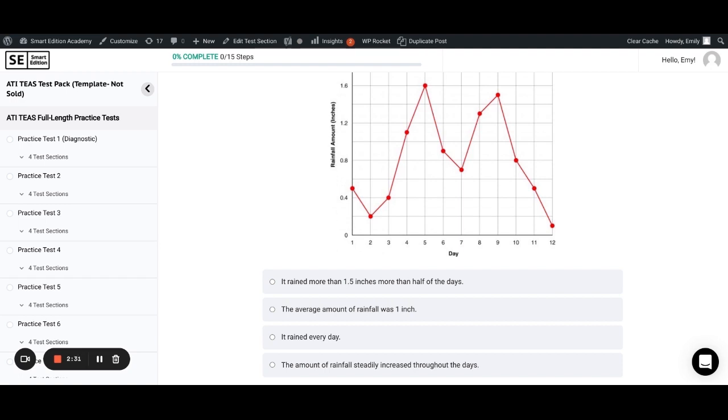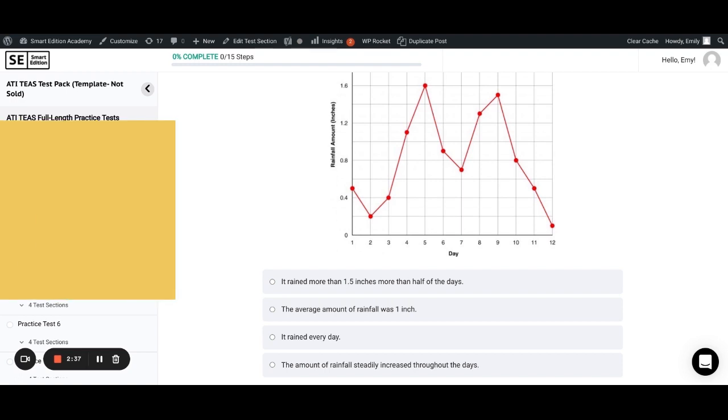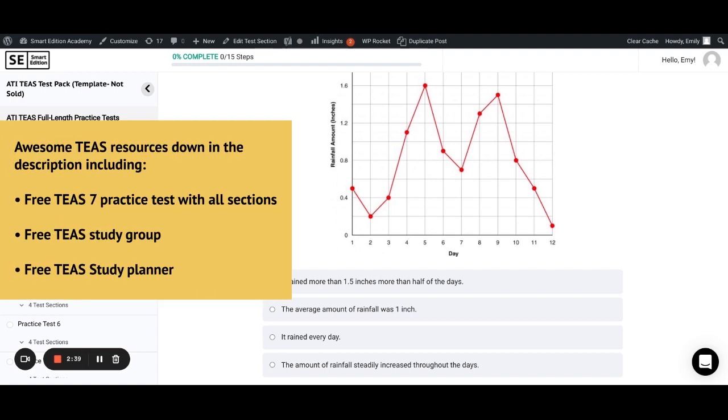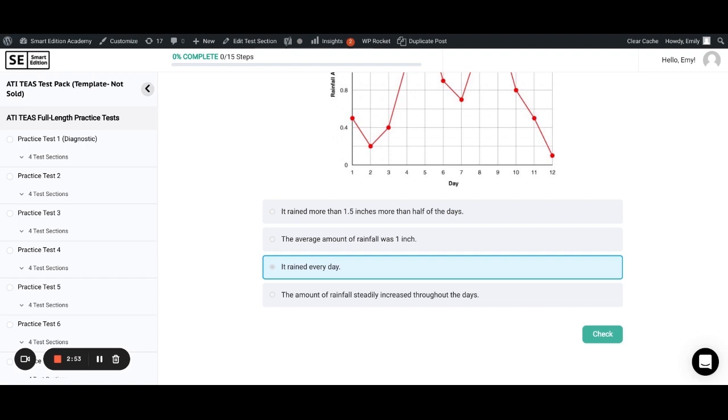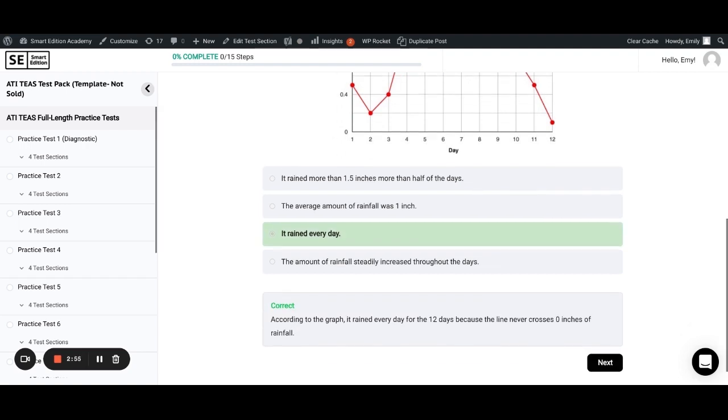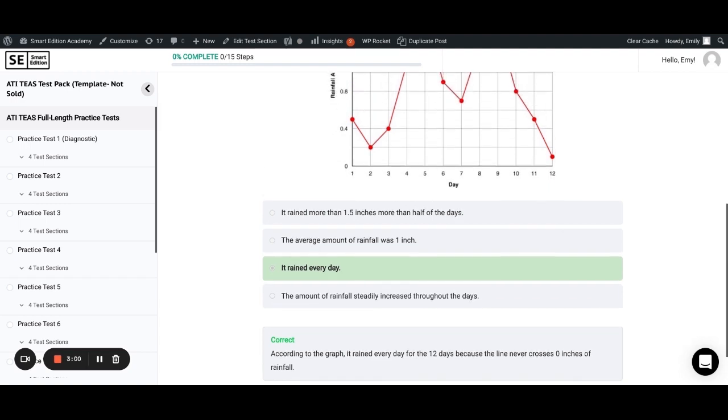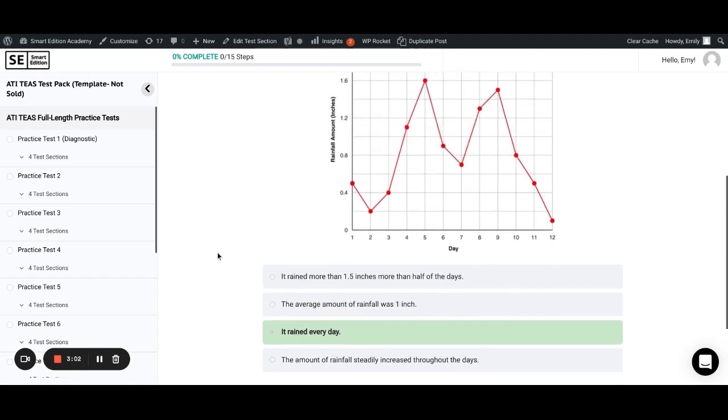Or D, the amount of rainfall steadily increased throughout the days. And remember, you are looking to see which statement about this graph is true. If you answered C, it rained every day, that would be correct. According to the graph, it did in fact rain every day for 12 days because the line never crosses the 0, which is true.